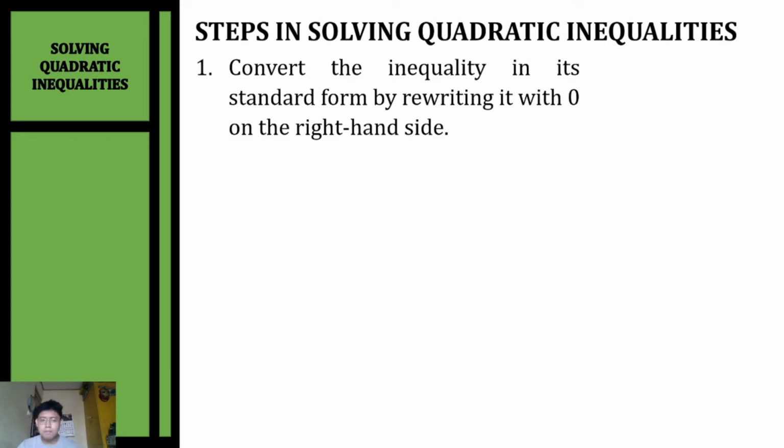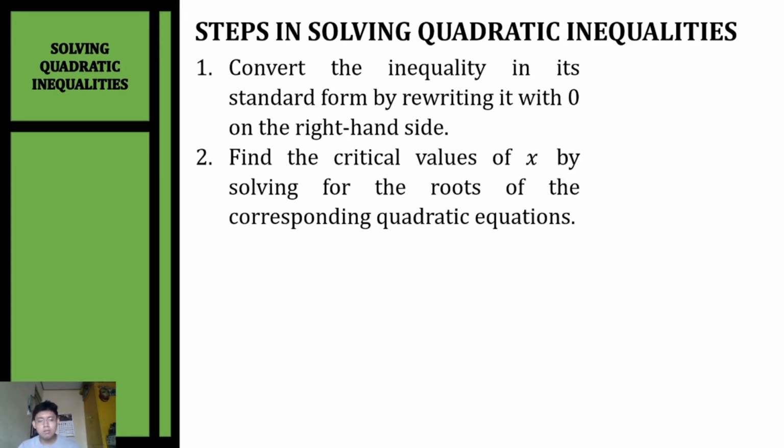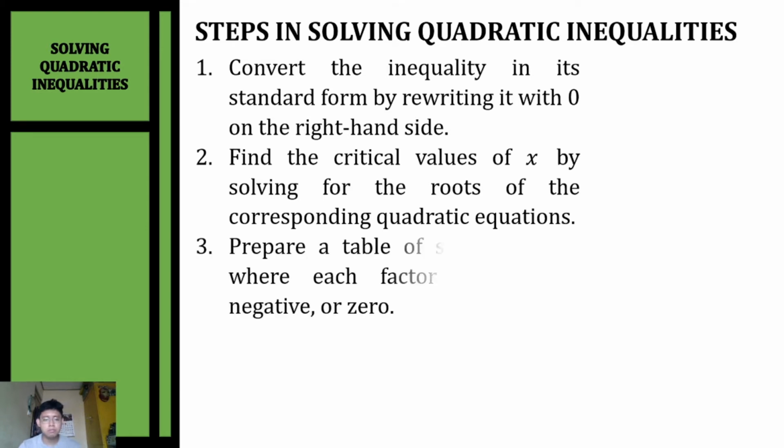So first step is to convert the inequality to its standard form. Second step is to find the critical values of x by solving the roots of the corresponding quadratic equation. You can use extraction, factoring method, completing the square, or quadratic formula in getting the critical values.